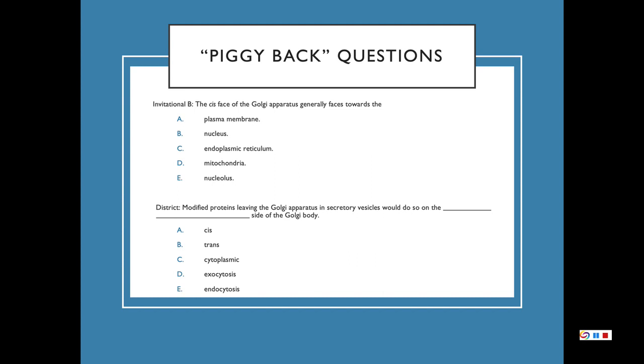So let's take a look first at what I mean by piggyback questions. For example, in an invitational B, and I think these were questions from the 2018-2019 session: the cis face of the Golgi apparatus generally faces towards the... We're in cell biology here, asking about one side of the Golgi apparatus.